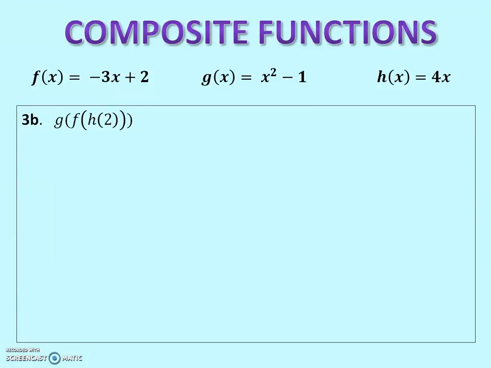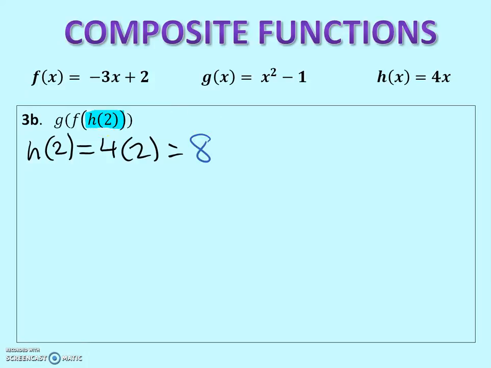All right, last problem. Let's do it the same way, working from the inside out. The very inside is this h of 2 function. So we're going to use this over here. h of 2 is going to give me 4 times 2, which is 8. That's our very inside.